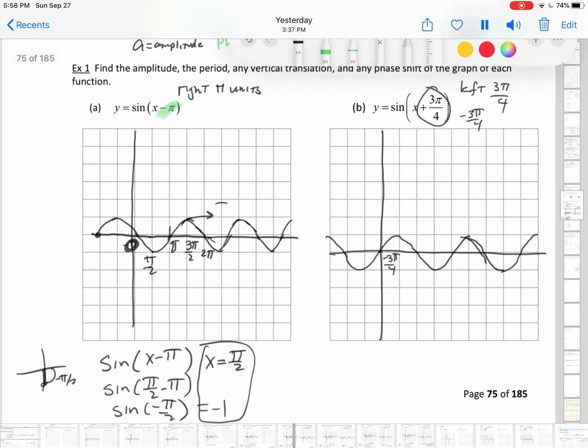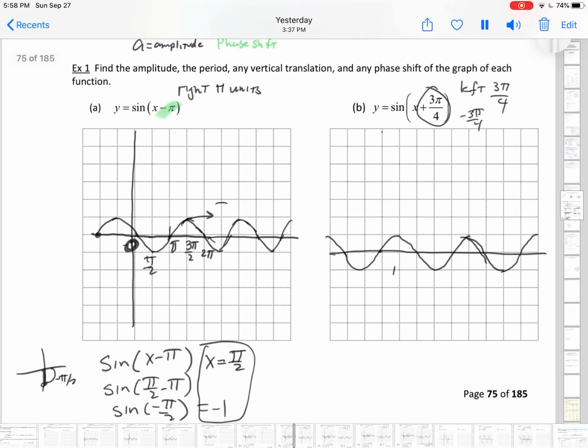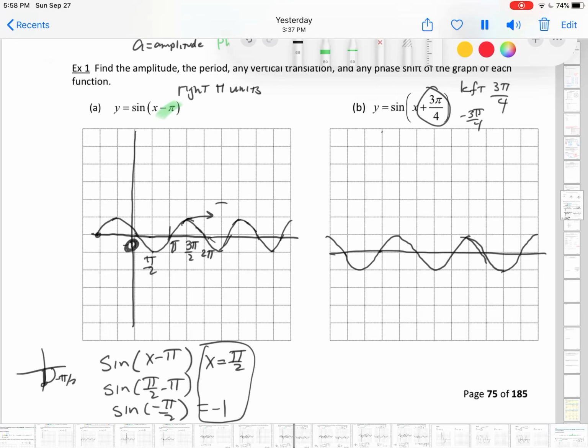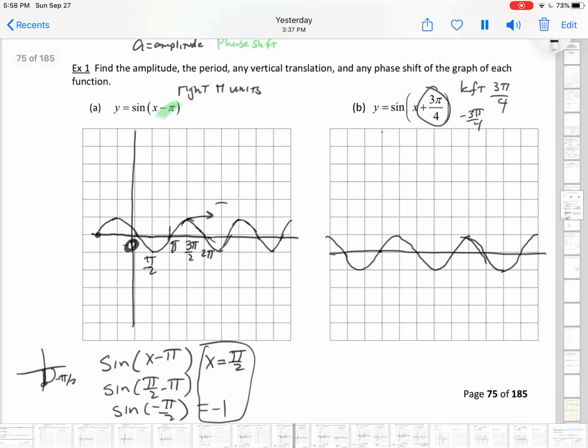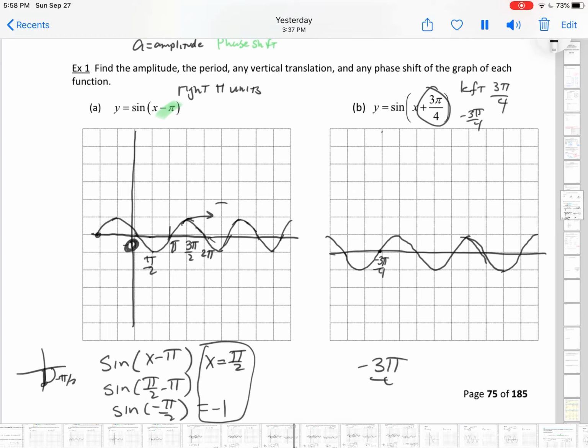So let me make sure that I get this labeled correctly for you. Okay. So this right here, we're going to say is negative 3 pi over 4. So this right here would be negative 3 pi over 4 plus pi over 2. So what's negative 3 pi over 4?